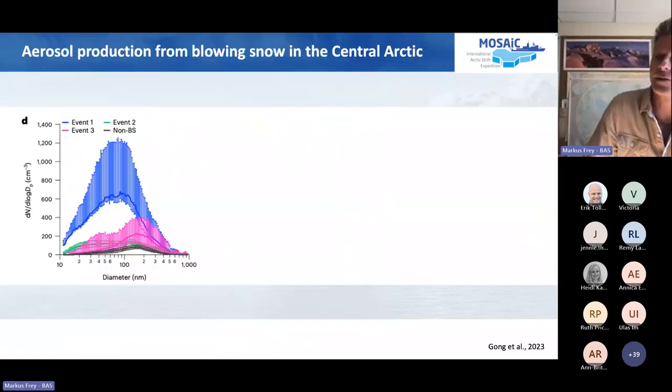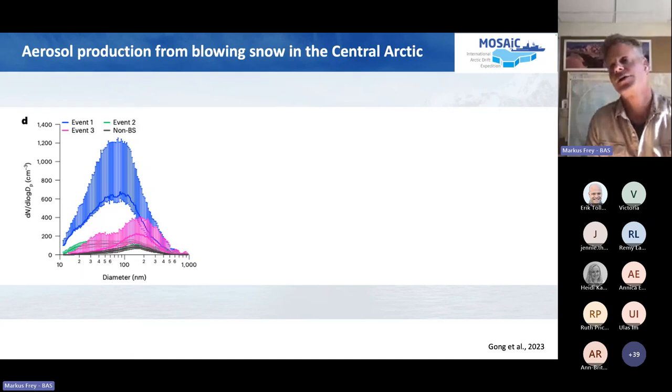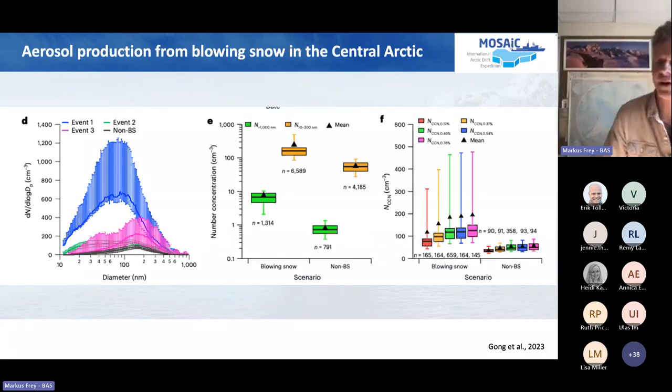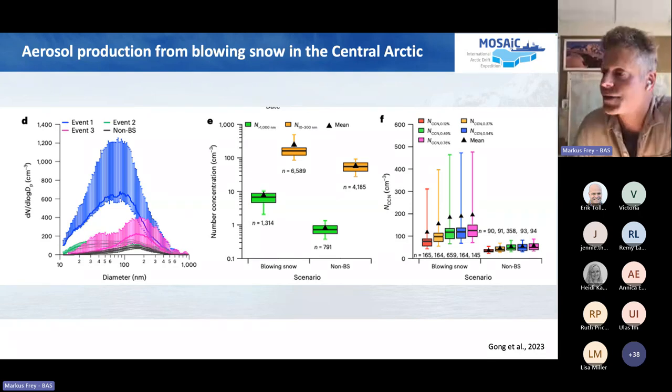Looking also at the size distributions, the one outside the snow, the non-blowing snow period in black, is low, whereas the ones from the three events are significantly above. And then looking at statistics over the entire winter-spring during MOSAiC, blowing snow conditions always show higher coarse and fine aerosol on average, and also the CCN at all supersaturation ratios are elevated.